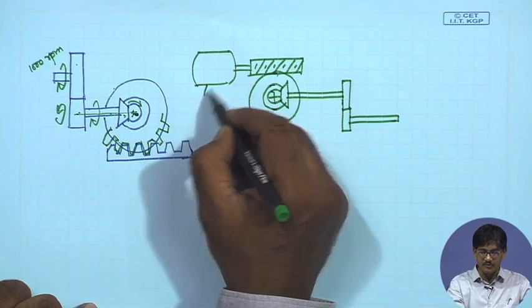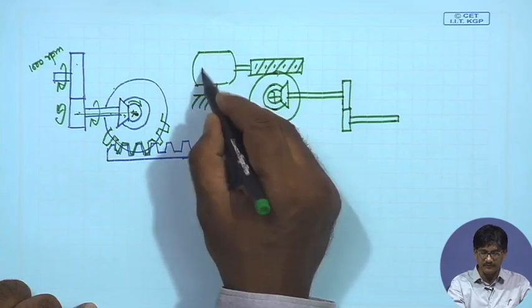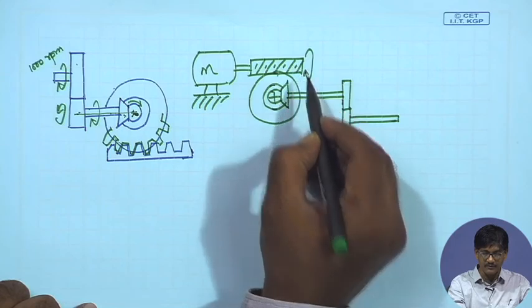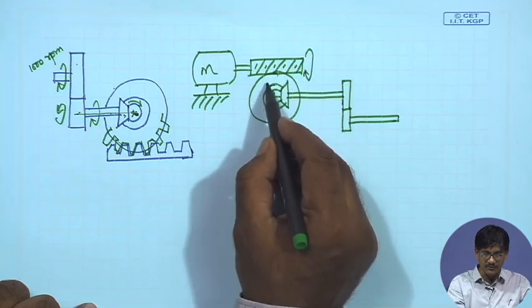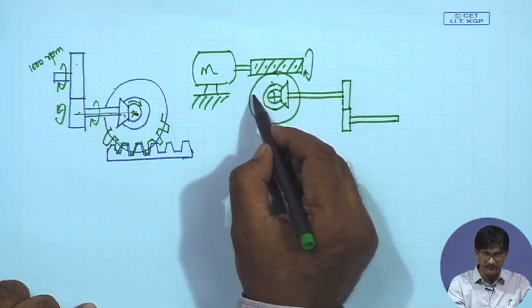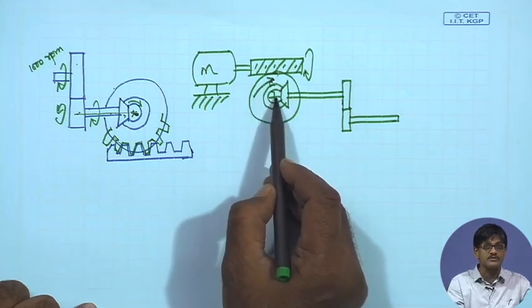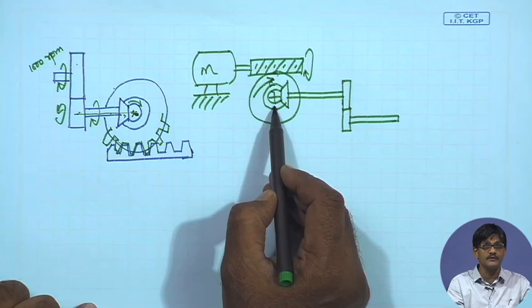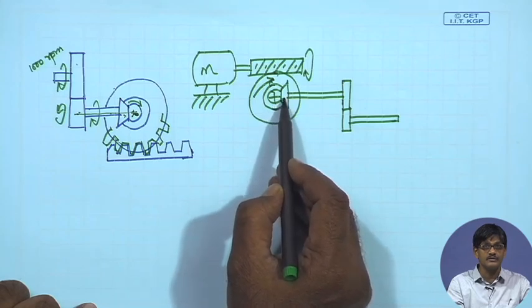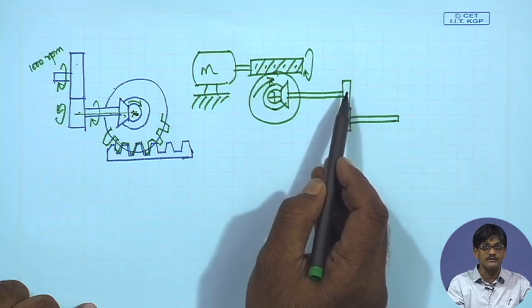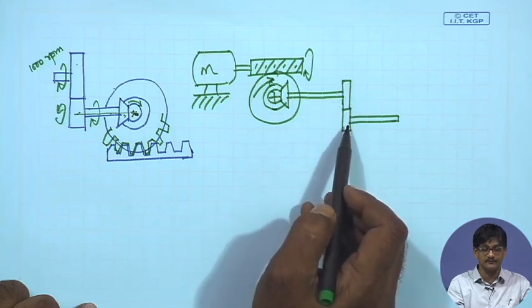So, this motor is rotating this worm. So, this worm is rotating this worm gear. This worm gear is rotating on its own shaft a bevel gear. This bevel gear is rotating this bevel gear. This one is rotating this shaft, this gear, and together with that gear.